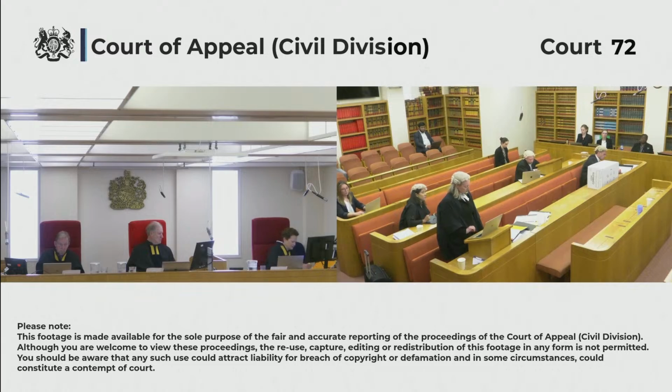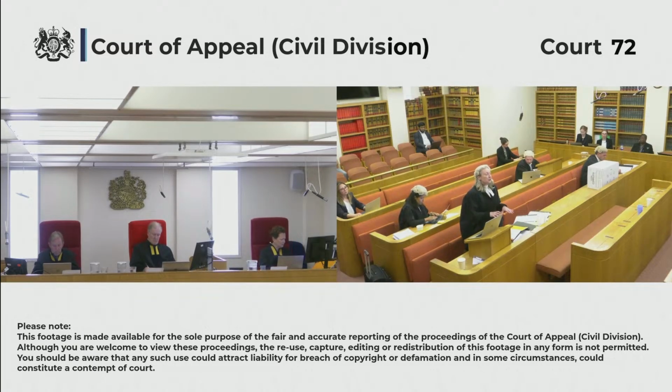So if there's no certificate, he has an in-country right to appeal. Is that right? Yes. So if the certificate hadn't been attached at the end, the decision would have been a refusal of a protection claim and a refusal of a human rights claim. And he would have had an in-country right of appeal under section 82.